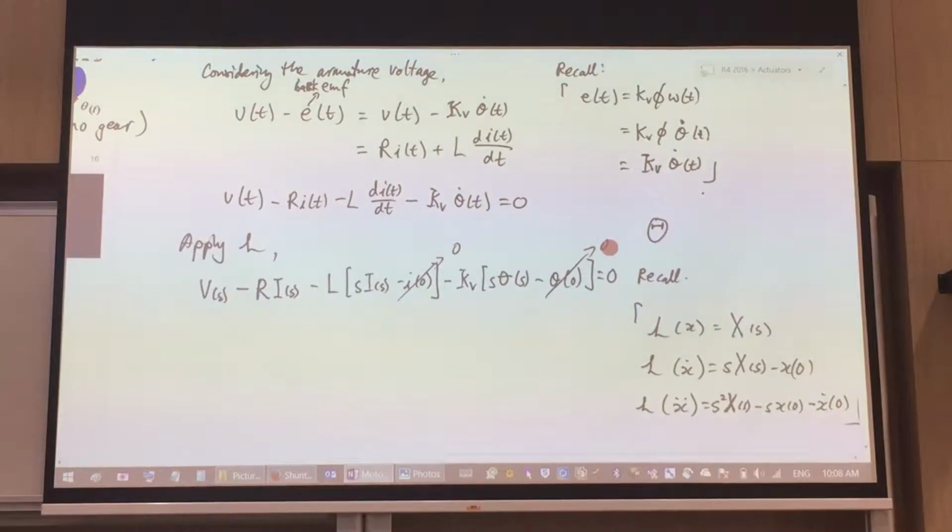That's before your model gets started. Because those are 0, I'm able to simplify it to V(s) minus R I(s) minus s L I(s) minus s K_b Theta(s) equal to 0. I'll call this equation 1.